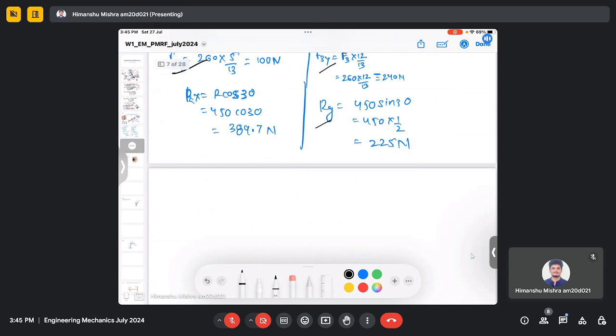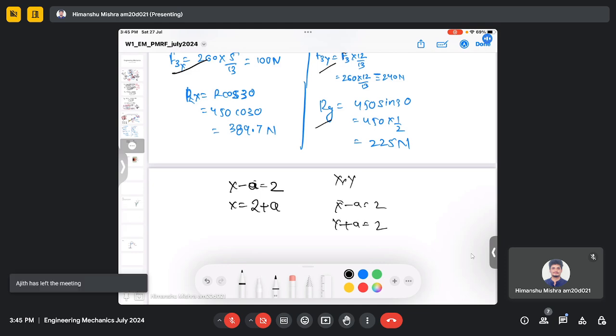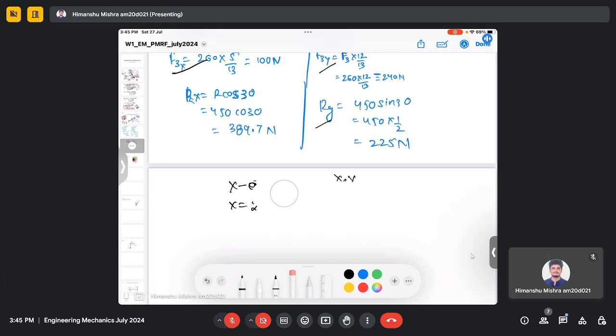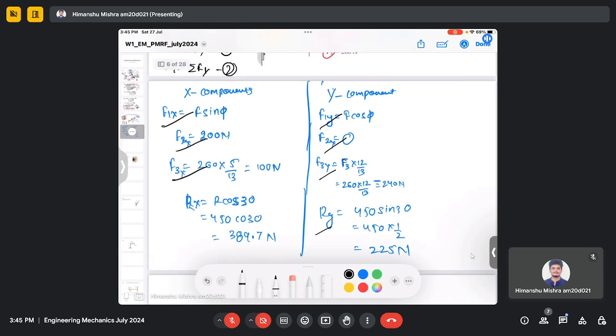For example, let's say you have x minus a equals 2, and a is the unknown scalar, then you can calculate x as 2 plus a. But if you have two unknowns, x and y, then you need one more equation to calculate x and y. We are using the same principle here. Since we have two unknowns, we need two equations to find them.